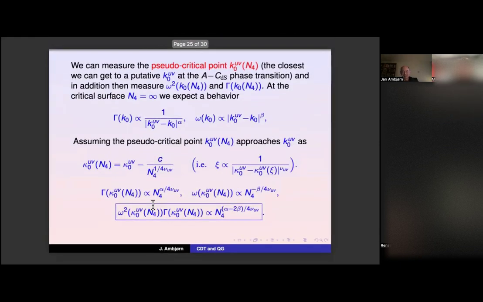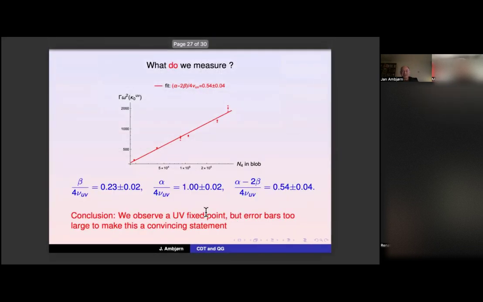But this is, of course, what would come out: if you take the log on both sides, then we should get a straight line. So what do we see? Here's the result. This coefficient should be larger than 1/2. Is it larger than 1/2? Yes. Great, we have seen an ultraviolet fixed point.